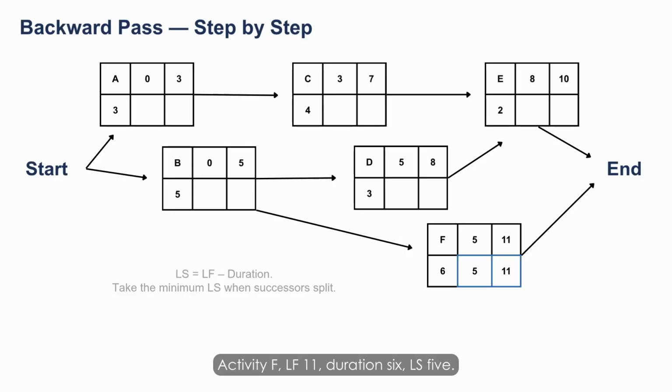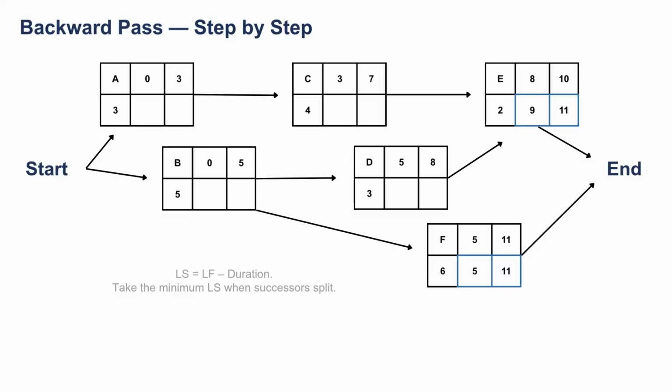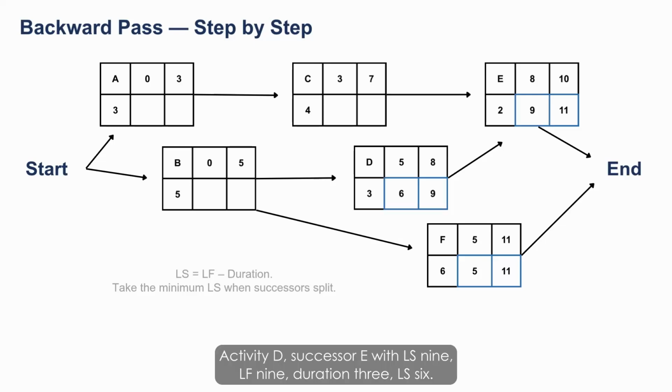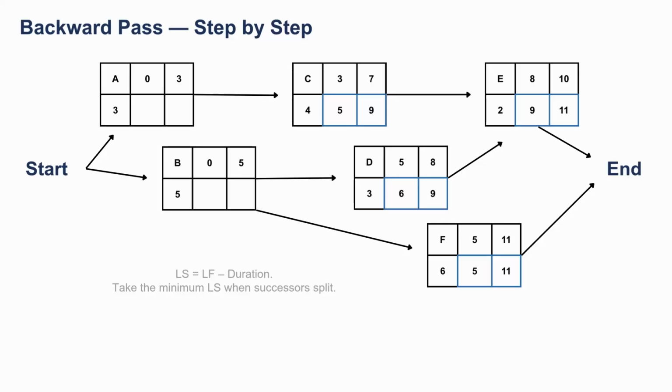Activity F, LF 11, duration 6, LS 5. Activity E, LF 11, duration 2, LS 9. Activity D, successor E with LS 9, LF 9, duration 3, LS 6. Activity C, successor E with LS 9, LF 9, duration 4, LS 5.